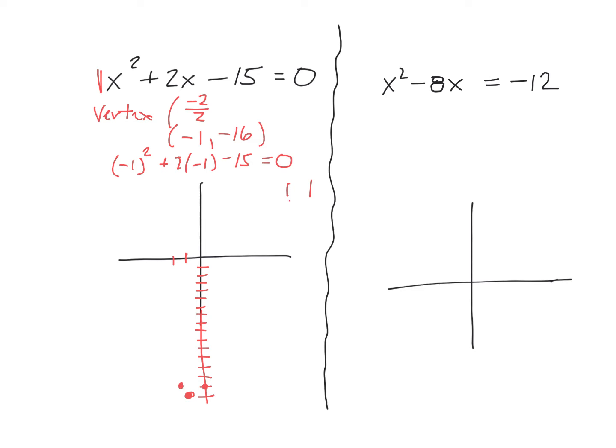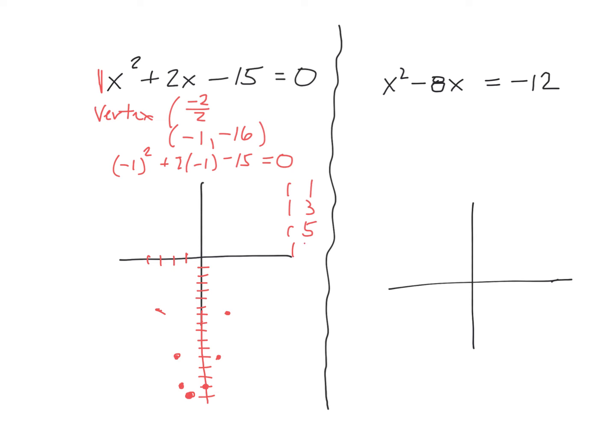Then I'm going to go over 1 up 3, which would put me right here, again using symmetry, and then over 1 up 5, which puts me about right here.